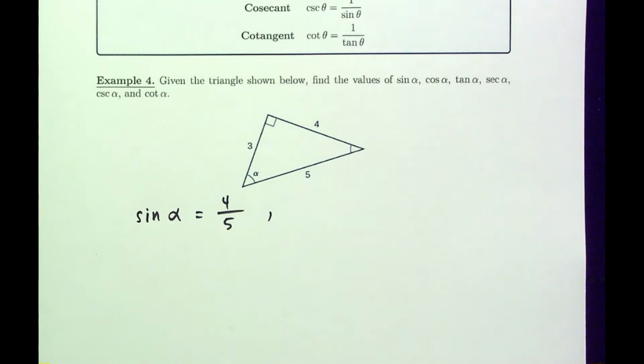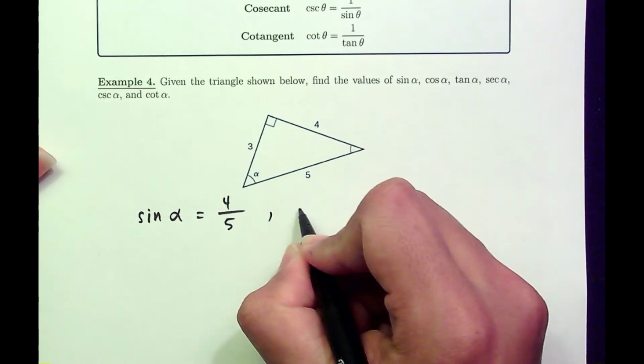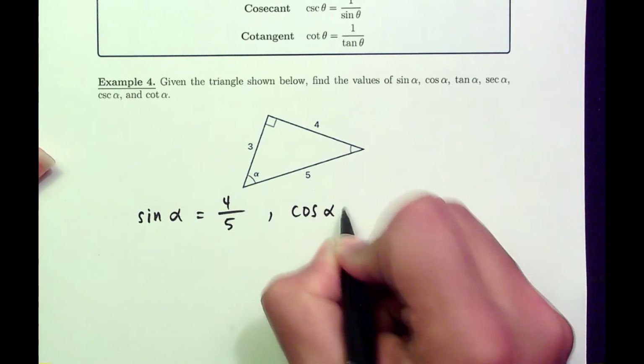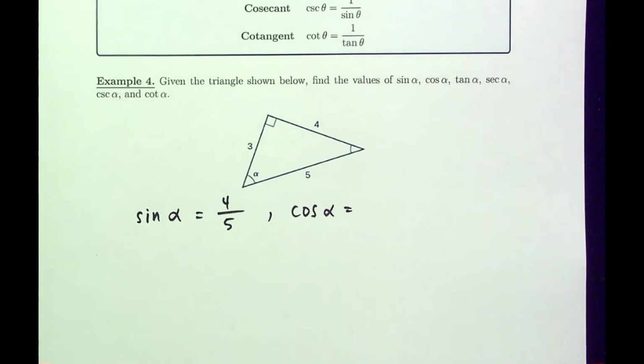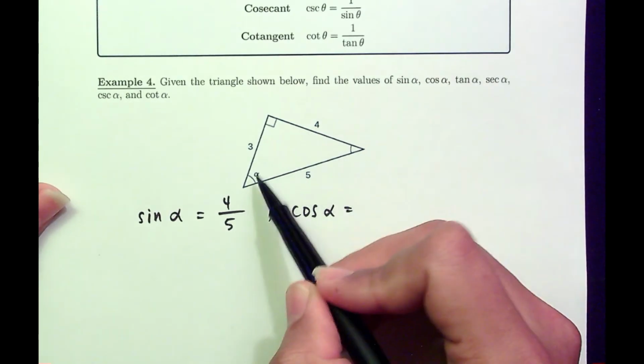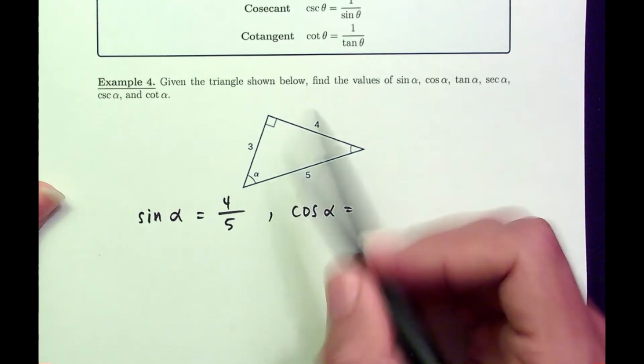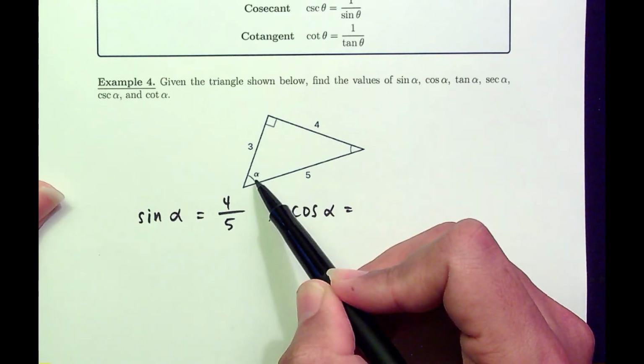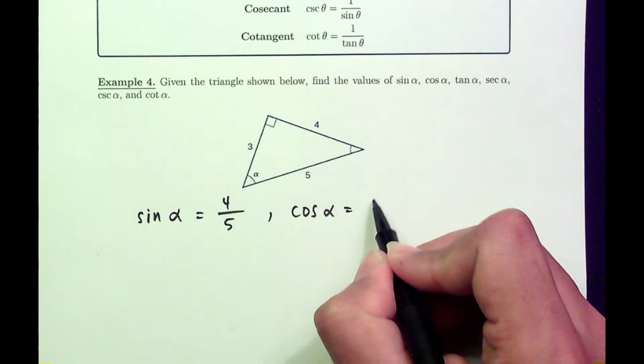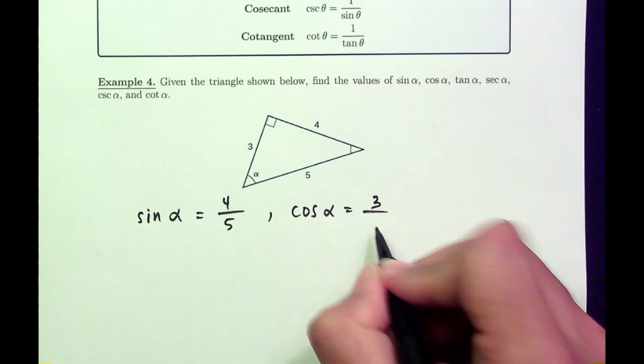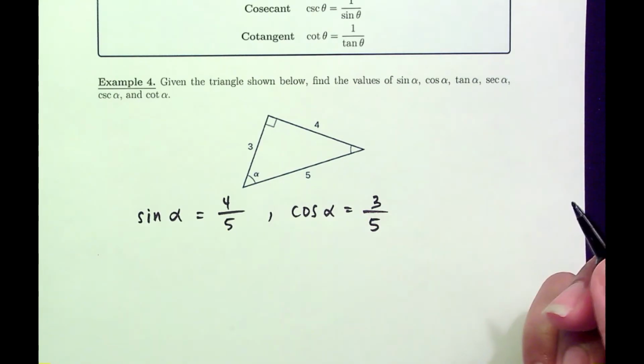Now let's find the cosine of alpha. Cosine of alpha is SOHCAHTOA, that means adjacent over hypotenuse. The side adjacent to alpha is 3, and the hypotenuse is 5.